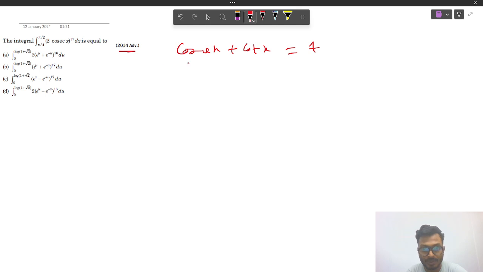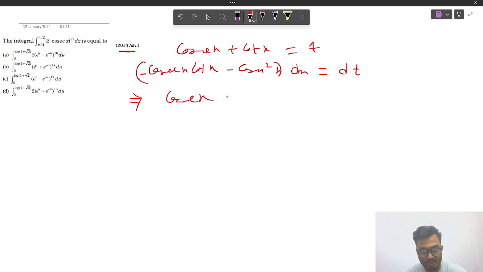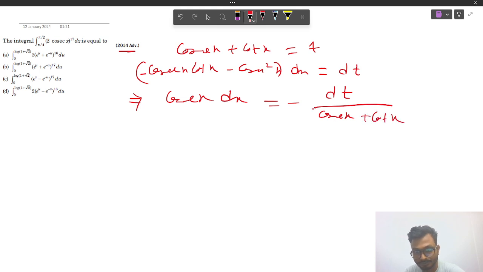Now we differentiate both sides: minus cosec x cot x minus cosec square x dx will be dt. This implies we can write cosec x dx equals minus dt upon cosec x plus cot x.